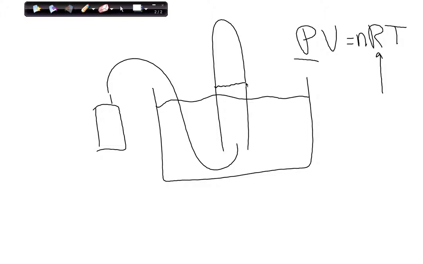Guys, given what you now understand, do you understand how that's kind of like the idea behind a manometer? If this level is not the same as this level, what do you know about their pressures? They're not the same. So guys, what is causing the pressure inside the tube? The butane. What is causing the pressure outside the tube? The atmosphere.